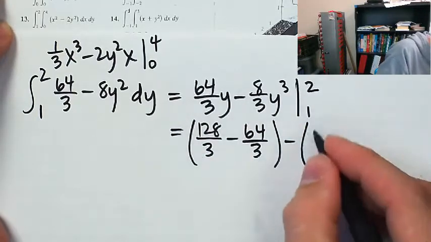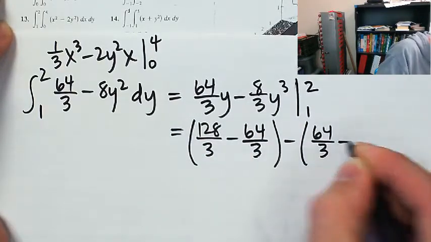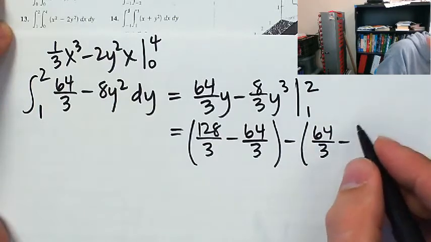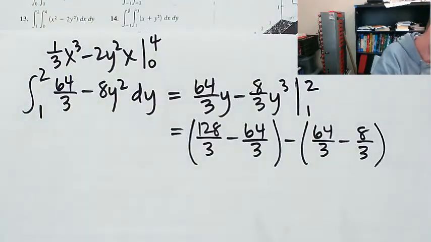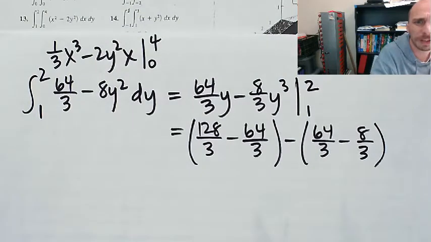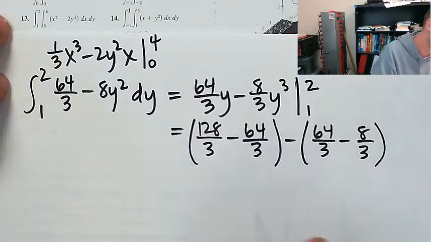Minus, when I plug in 1, that's 64 over 3 minus 8 over 3. So it looks like this one's maybe positive 8/3. I don't know. It looks like it, but I don't want to say the wrong thing.